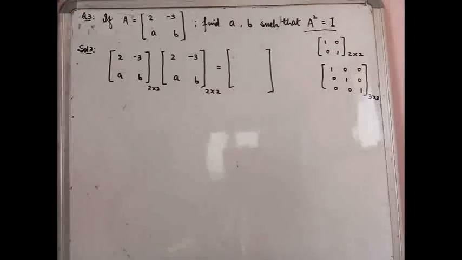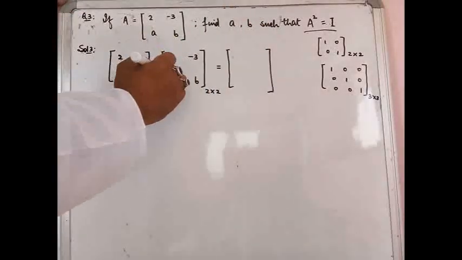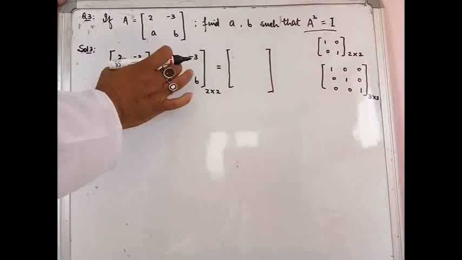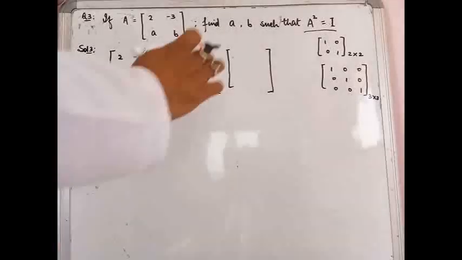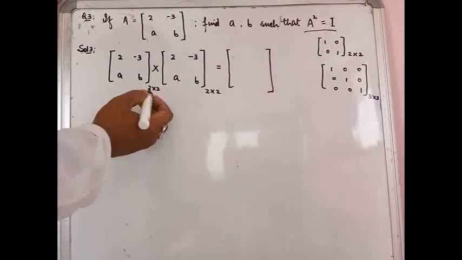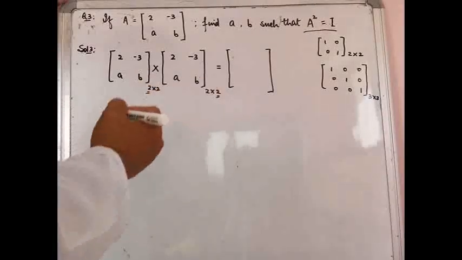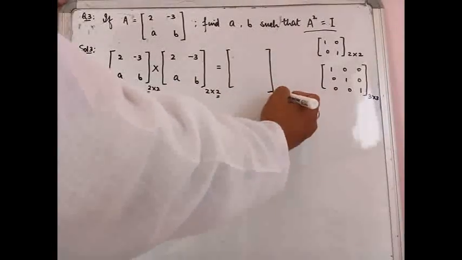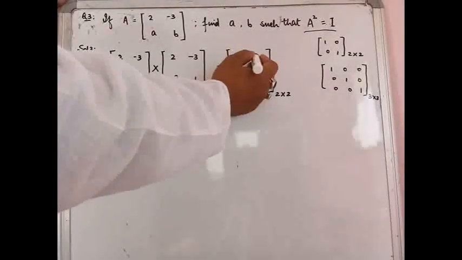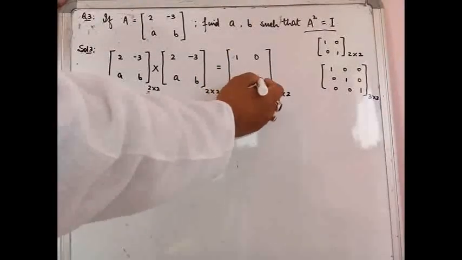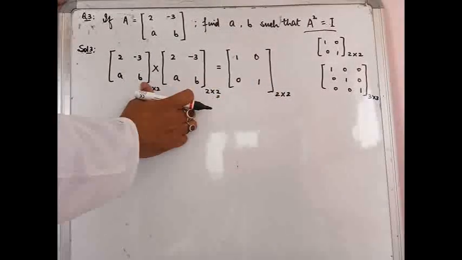So the resultant matrix, after these two matrices are multiplied, will select its number of rows from the first and number of columns from the second matrix. So it needs to have a 2 by 2 order also. So obviously now I can put 1 0 0 1, which clarifies some things.